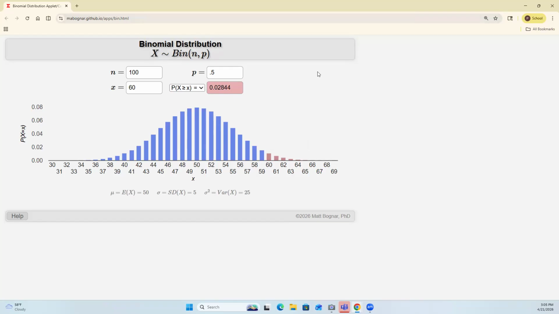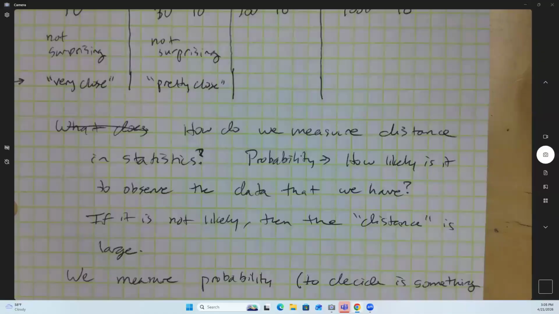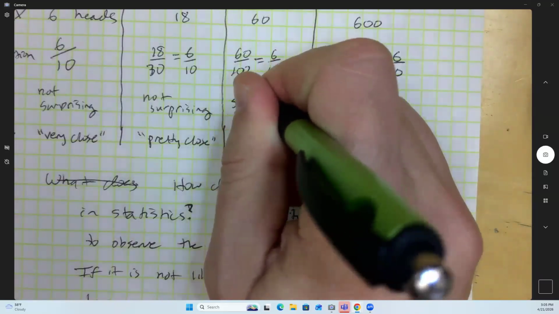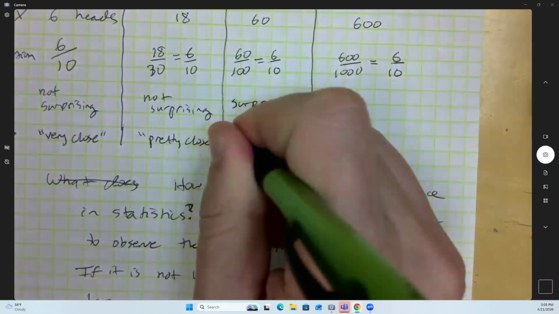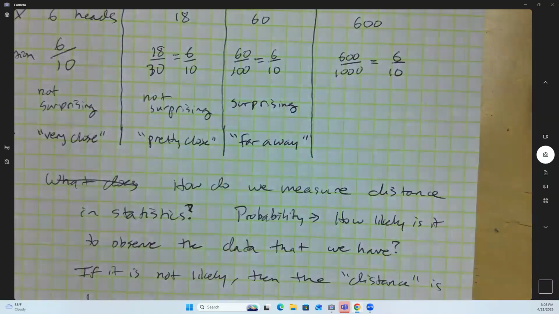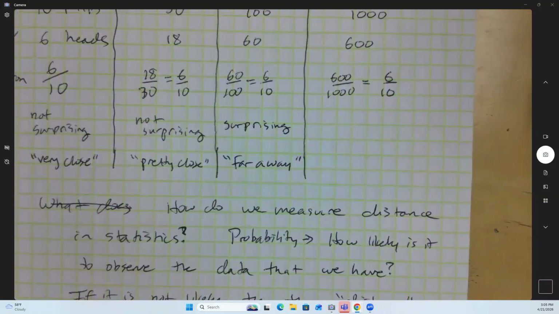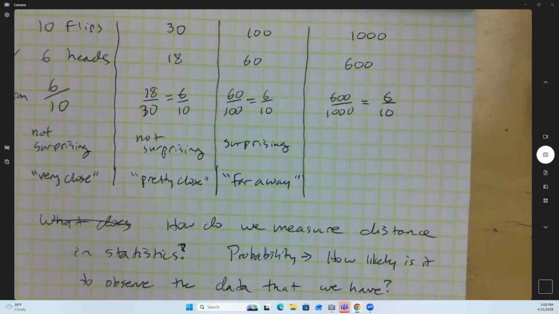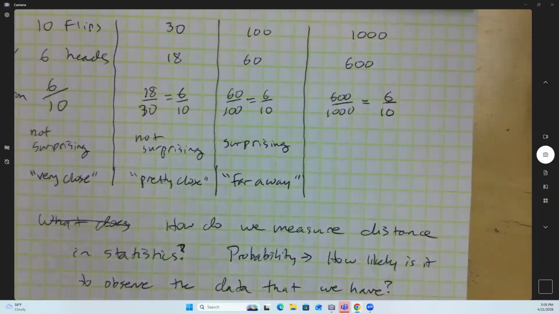So here, I'll leave that up one more time, and I'm going to add it into my table here. This is surprising because it is far away, because the probability of observing 60 heads out of 100 flips or more is only 2.8%.